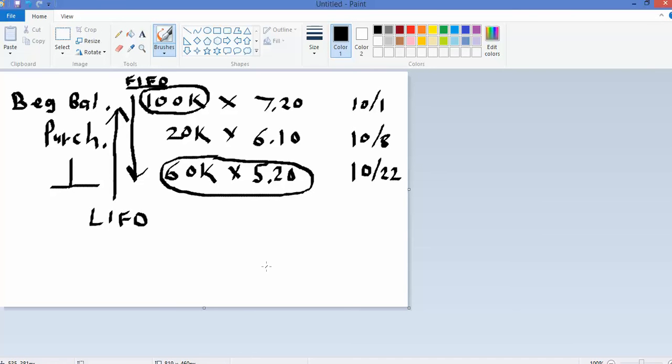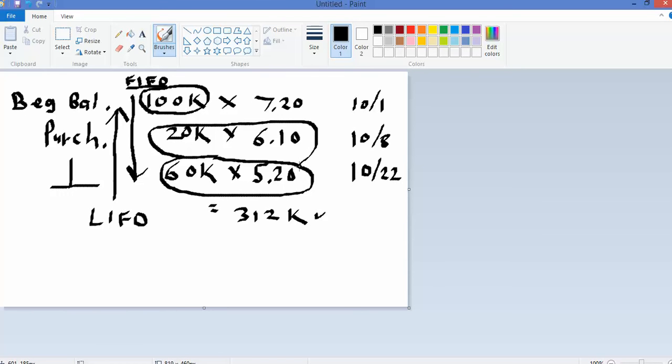Okay, so we know we're going to for sure consume that. Let's go ahead and calculate that right quick. 60,000 times 5.20 equals 312,000. So let's go ahead and put 312,000. We know that's not cost of goods sold because we sold 95,000, and that's just 60. Okay, so moving up LIFO style, we're going to consume the next layer. That's 20,000 at 6.10.